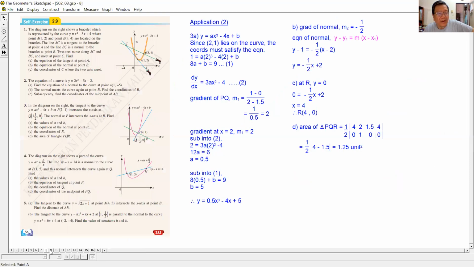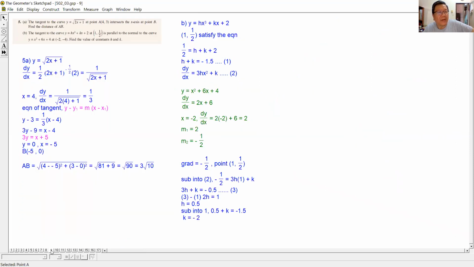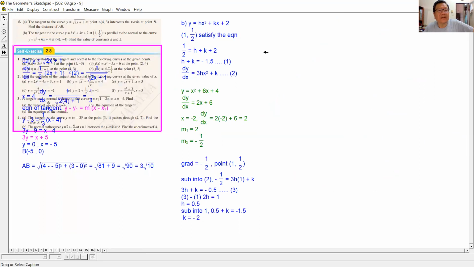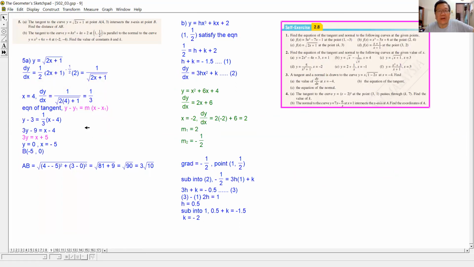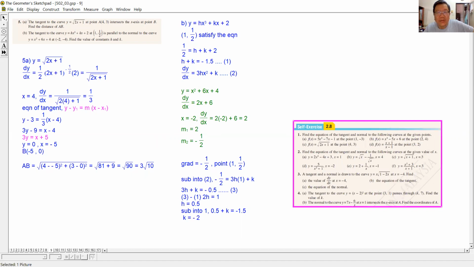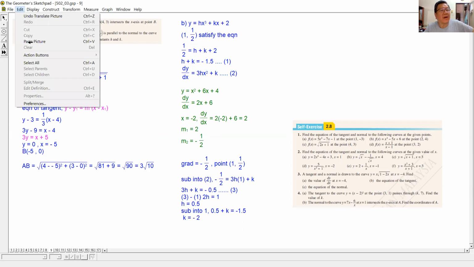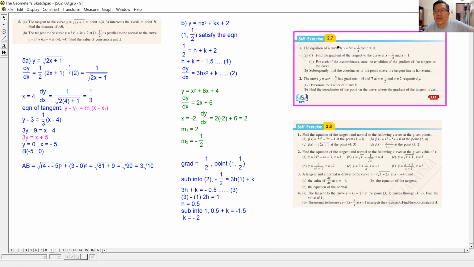Yes, 2.7. So today's homework is 2.7, 2.8, and 2.9.